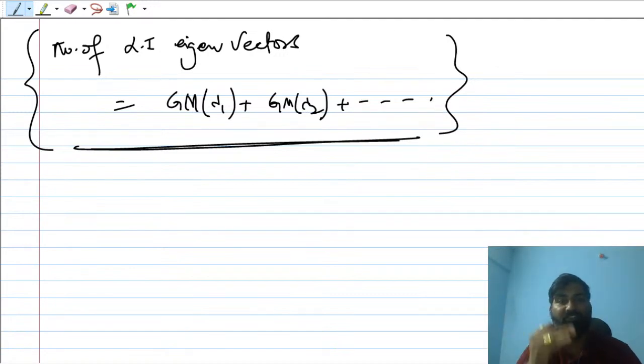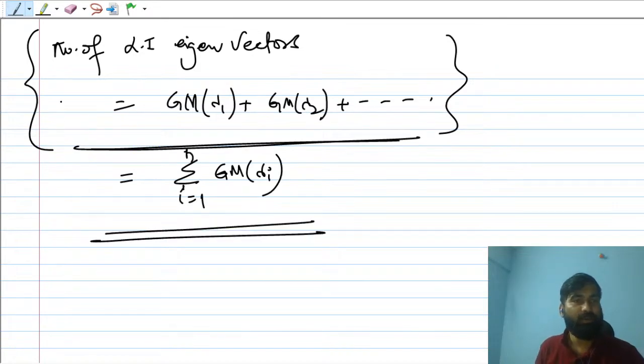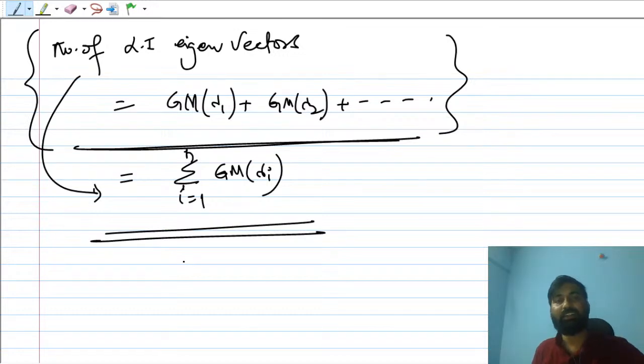Just by finding the GM of those lambdas, then summing them up. This is the basic relation: the sum of all GM of lambda i, with i going from 1 to n, is the number of linearly independent eigenvectors.